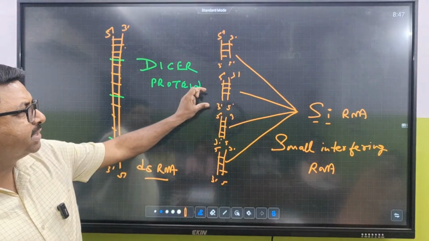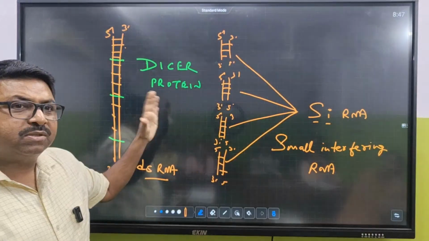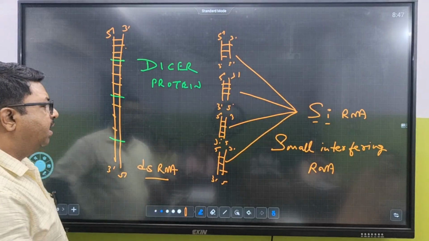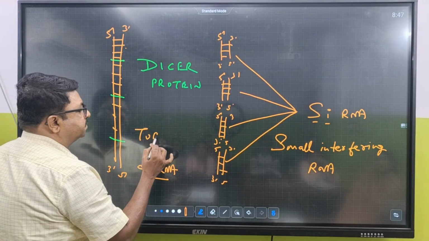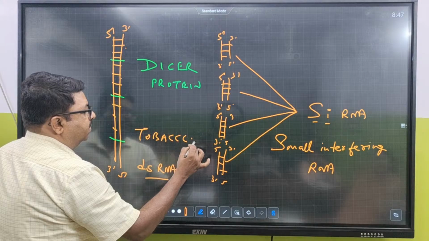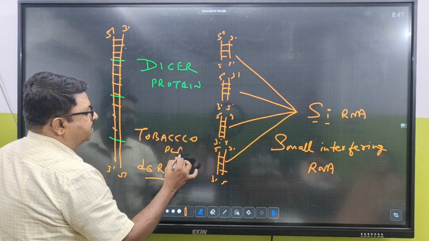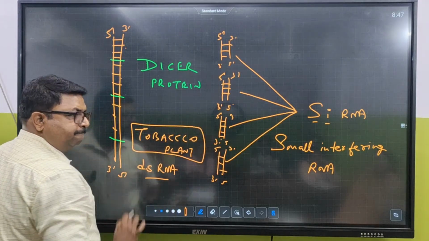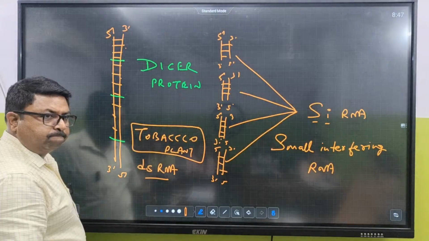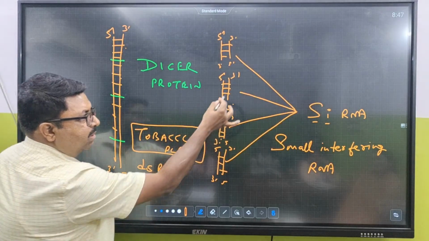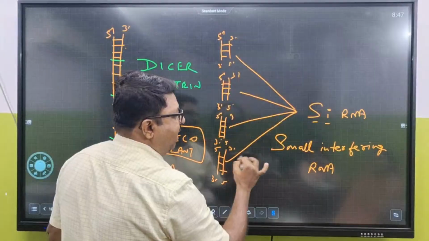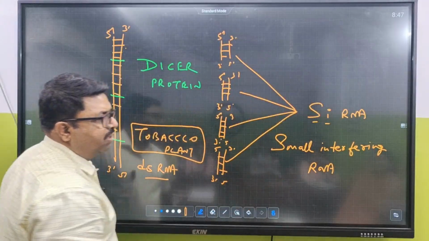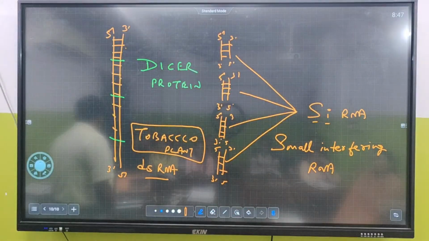So these small pieces of interfering RNA are present where? In the host cell. What is the host cell? Tobacco plant. So in the tobacco plant, all these small pieces are present. Clear? Now they are having this siRNA, small piece of RNA, small interfering RNA.